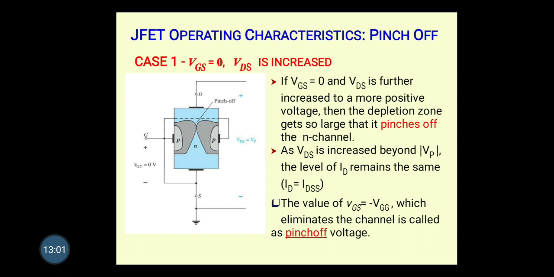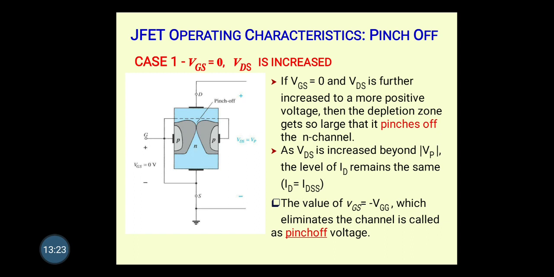That point is called pinch off, and the voltage at which the depletion layers touch each other is called the pinch off voltage. It is represented here as Vp.